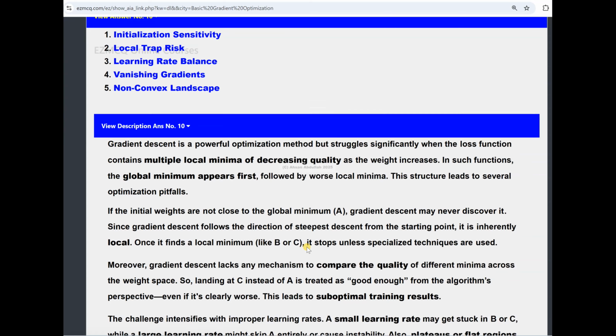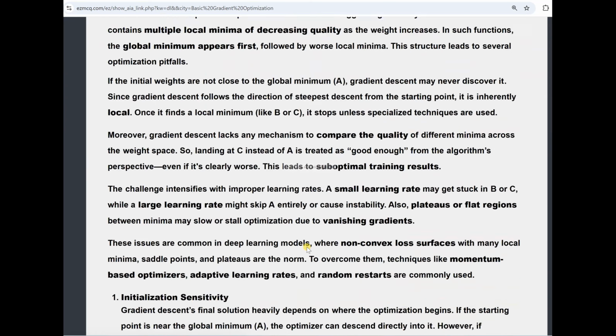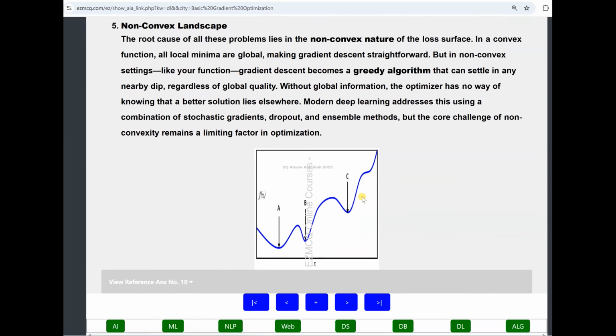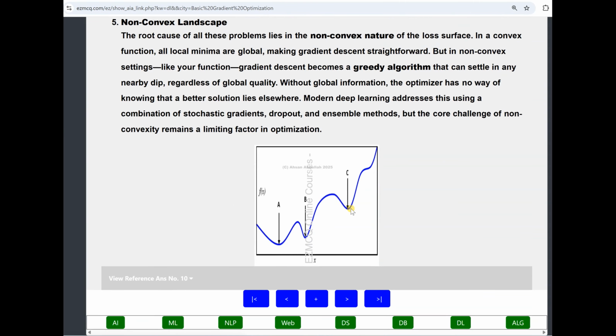What is the next? Learning rate balance. Learning rate balance means what the alpha value should be. Small rate, high rate, we have already discussed that. Then the vanishing gradients. We don't have vanishing gradients here, but we have a chance of a vanishing gradient over here.